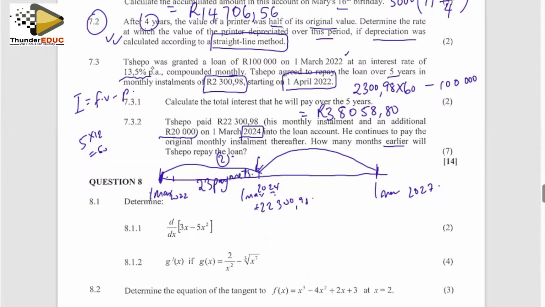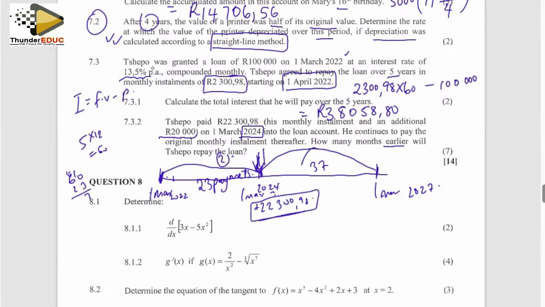And then from the 60, what's 60 minus 23? That is 37. So we have 37 payments that must be paid after. All right, so what I'm going to do, my approach would be getting the outstanding balance as of the 1st of March 2024, before this payment was made.